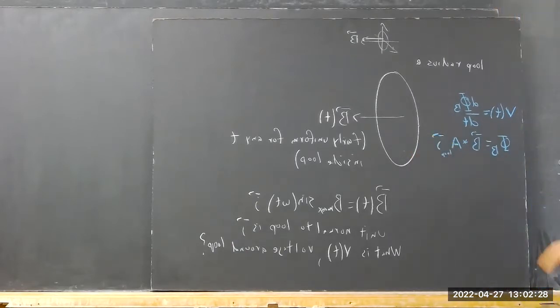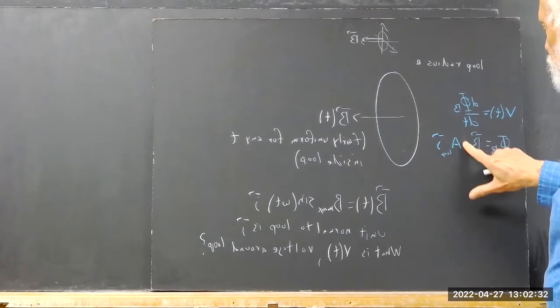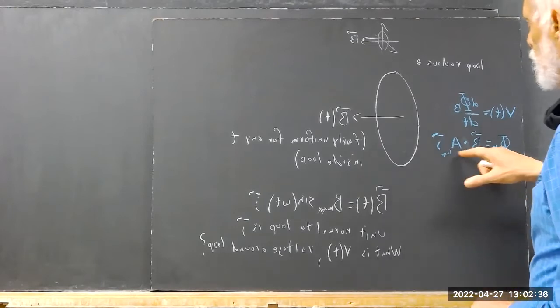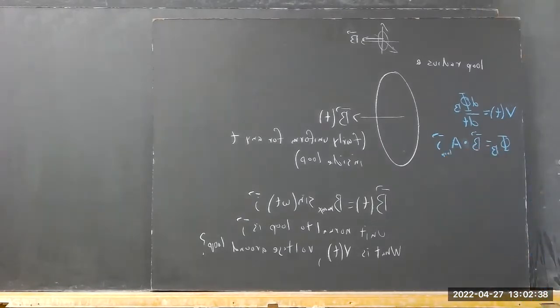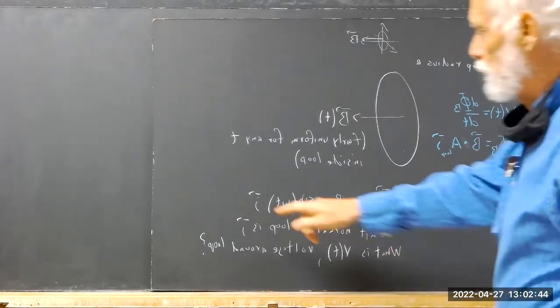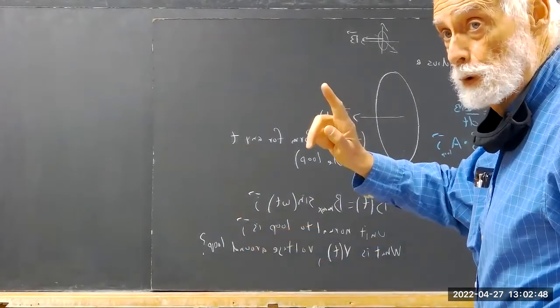We say this, it's B dotted with the area of the loop times the J vector. The J vector here dotted with the J vector here is just going to give us 1.